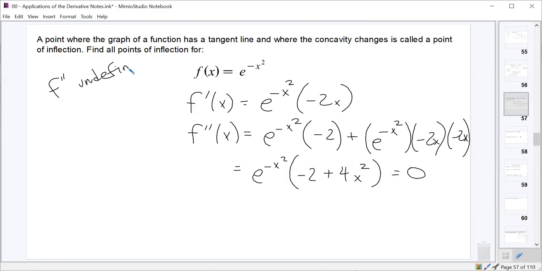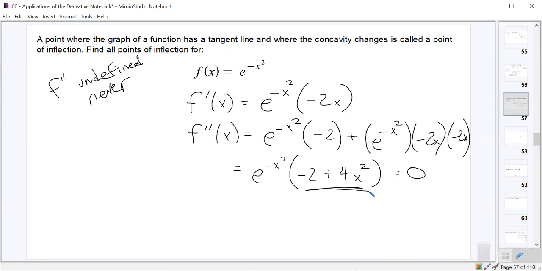When is this undefined? The answer again is never, because you could square any number, multiply that by 4 and subtract 2 from it, and you can take e and raise it to any number, and you can take any number and find negative x squared for it. So it's never undefined, but it does equal 0 when the piece in the middle here equals 0.